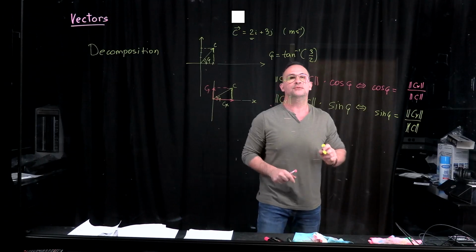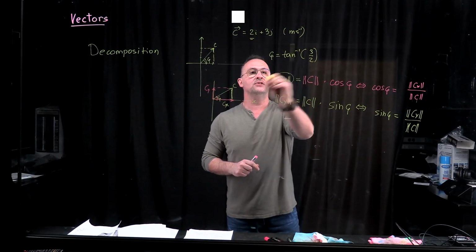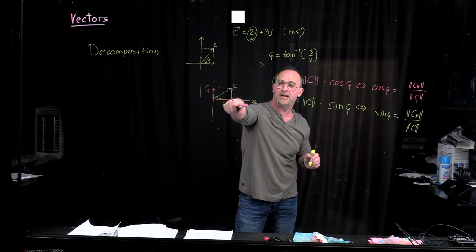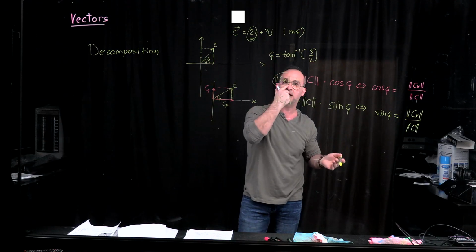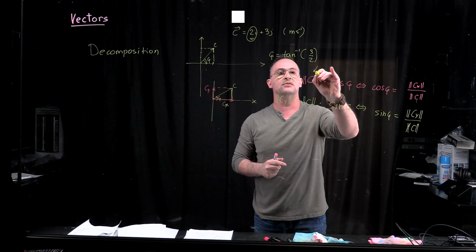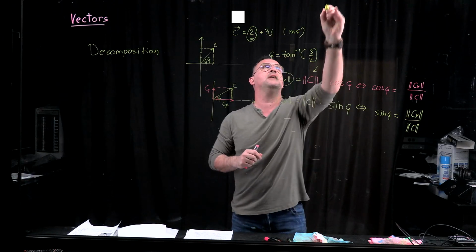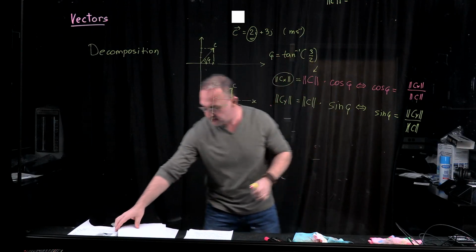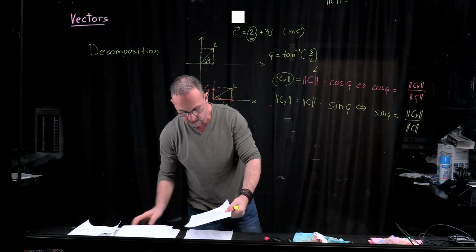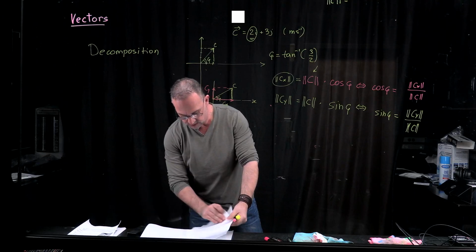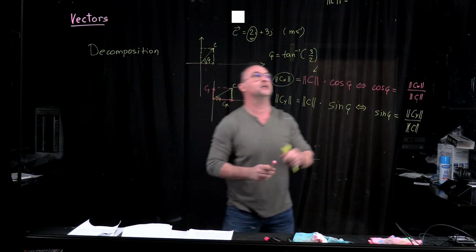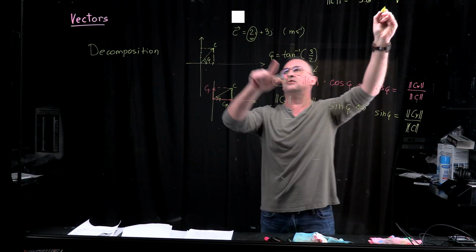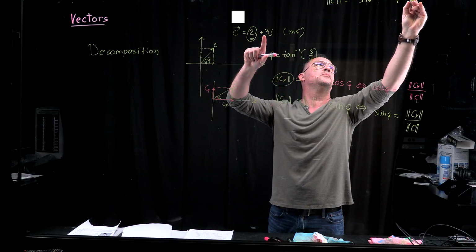So let's take this. We know that this must be equal to 2, the magnitude along the x direction, 2 meters per second. From the previous calculation, we found the magnitude of C. I think it was about 3.6, yes, about 3.6. We took the square root of 2 squared plus 3 squared.